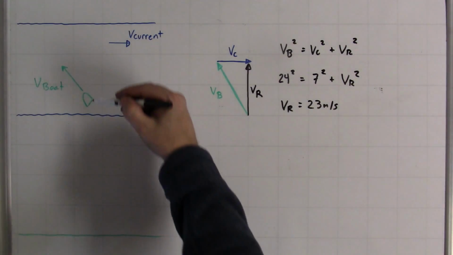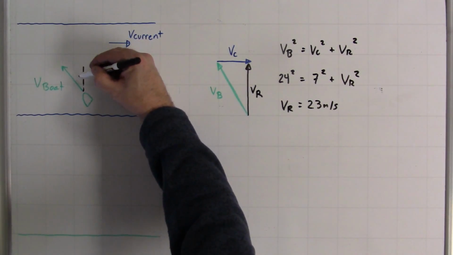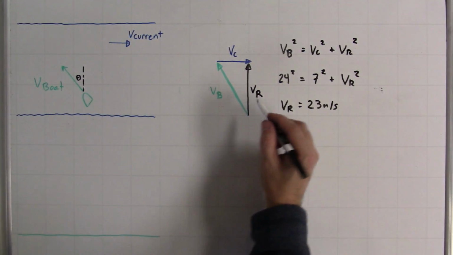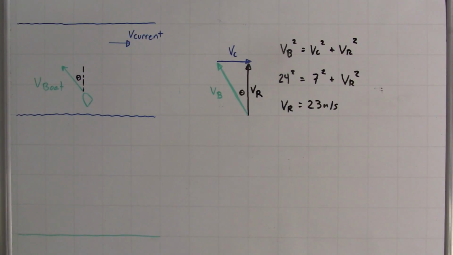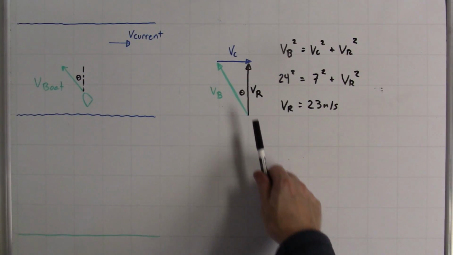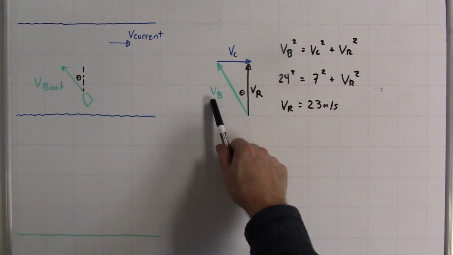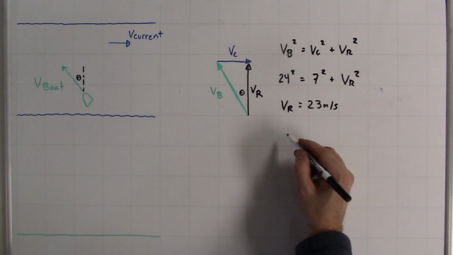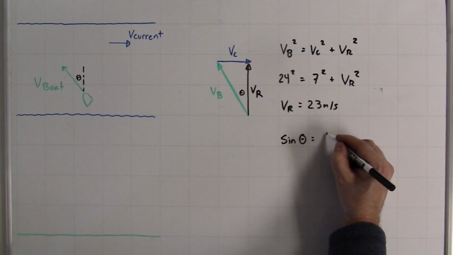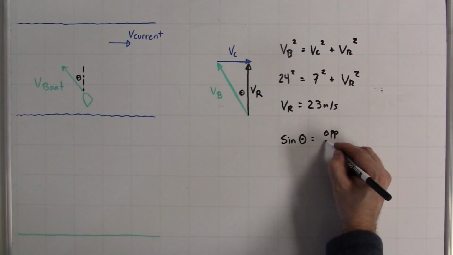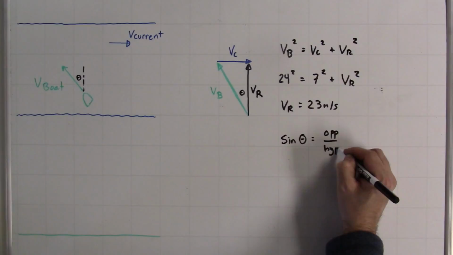If you want to find out what angle relative to straight across, again, we're going to use our trigonometry. But this time, because we're given the opposite and the hypotenuse, we're going to use the sine. So the sine of my angle is equal to the ratio of the opposite side to the hypotenuse.